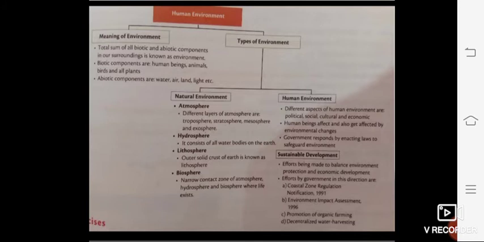Spread of organic farming networks in states like Maharashtra and Uttarakhand, with other states also supporting this type of farming. And women self-help groups, that is SHGs, manufacturing products based on natural resources in most states.